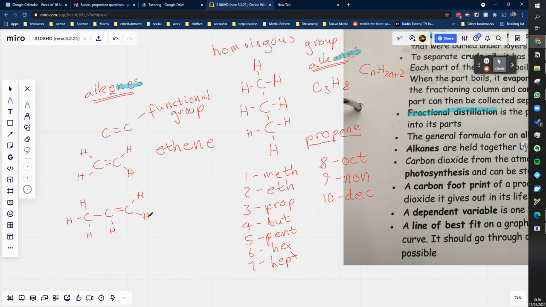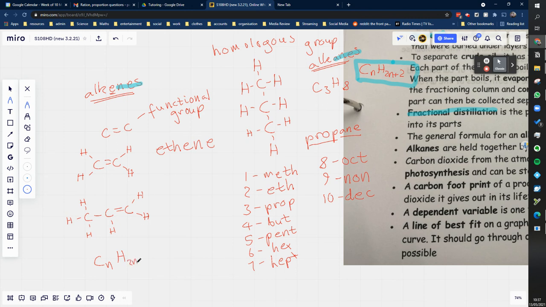Okay, so what would be the general formula? Earlier on we did the general formula for an alkane. What would be the general formula for an alkene? Well, imagine we had n carbons.